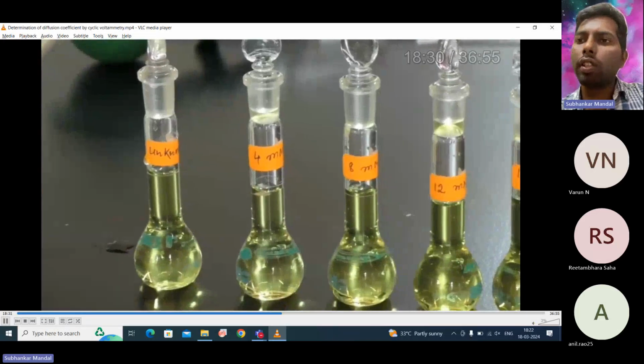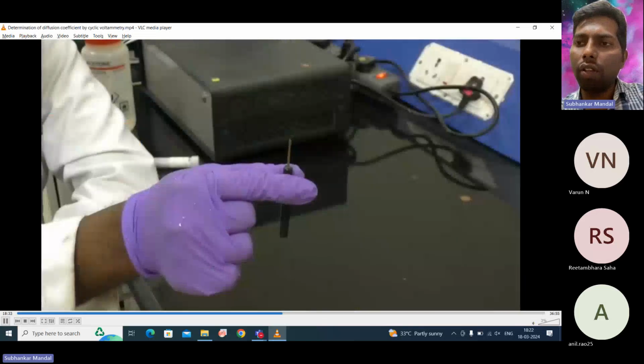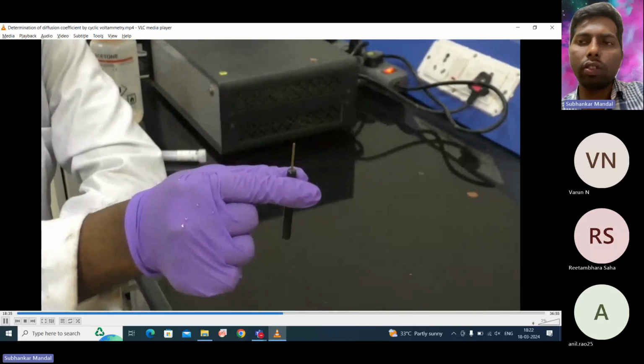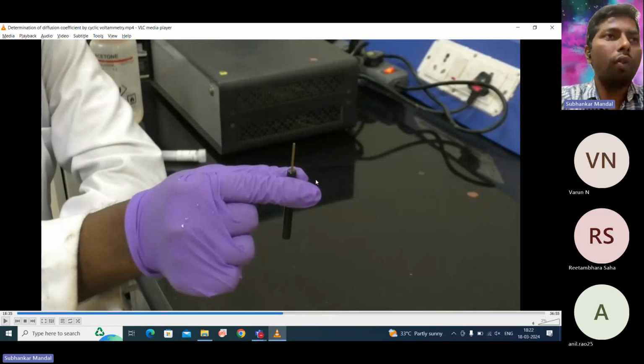Okay, so now I will show what the electrodes are. This black one that you are seeing is the working electrode. In general, the working electrode surface area should be lower than the counter electrode.